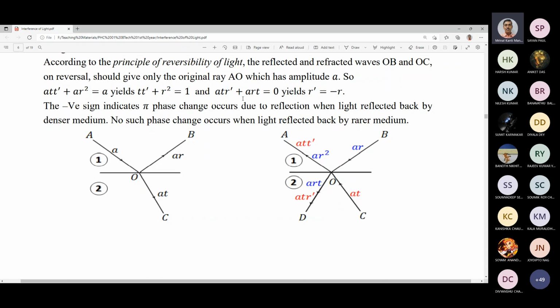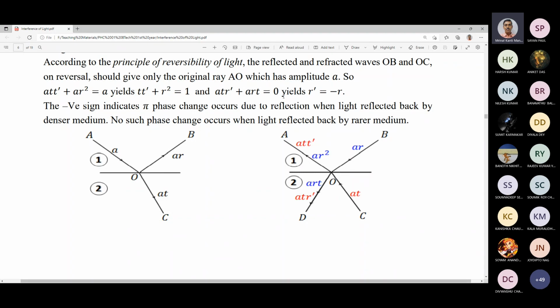That means R prime plus R equal to 0, or R prime equal to minus R. Here TT prime equal to 1 minus R squared.